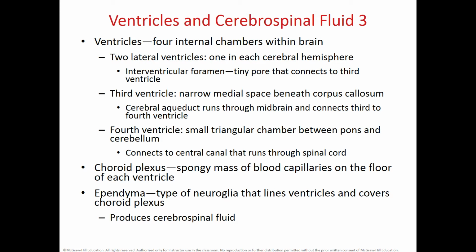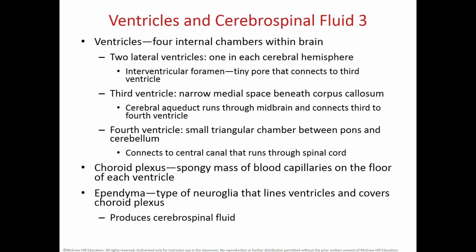Now, there are 4 ventricles. We have 2 lateral ones, each in the deep part of the right and left cerebral hemispheres. A pore that we call the interventricular foramen connects these lateral ventricles to the third ventricle.